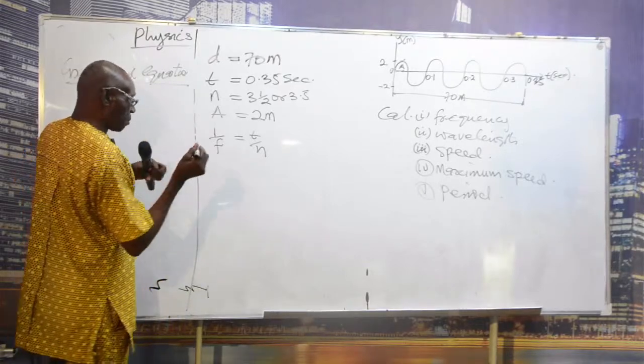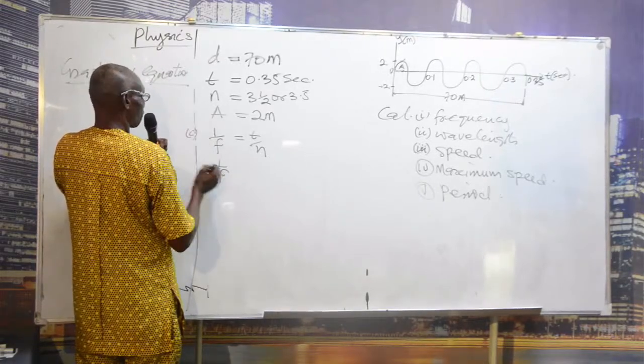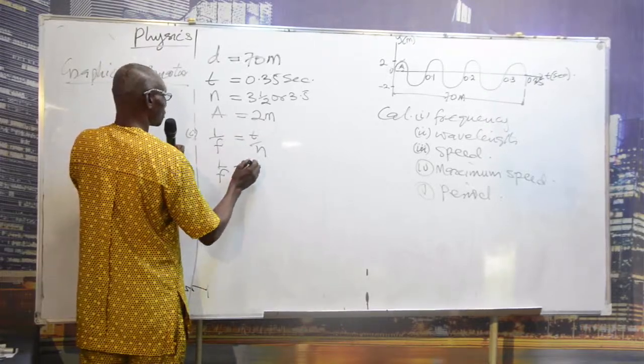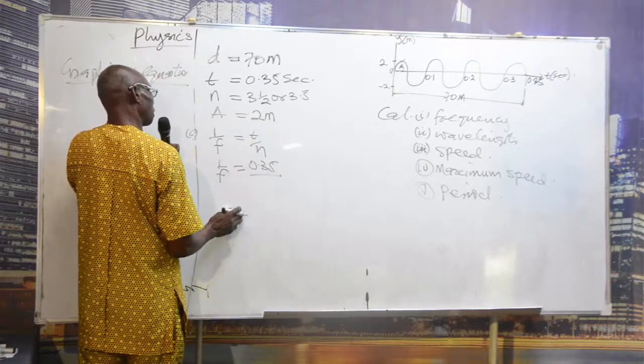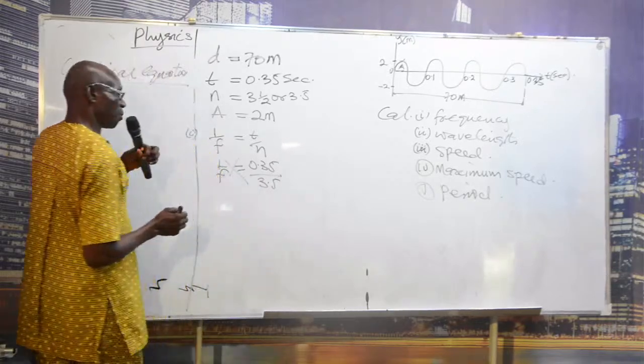Then I'll come back. 1 over f equals, what's the total time taken? 0.35. What is the number of waves? 3.5. I will cross multiply.